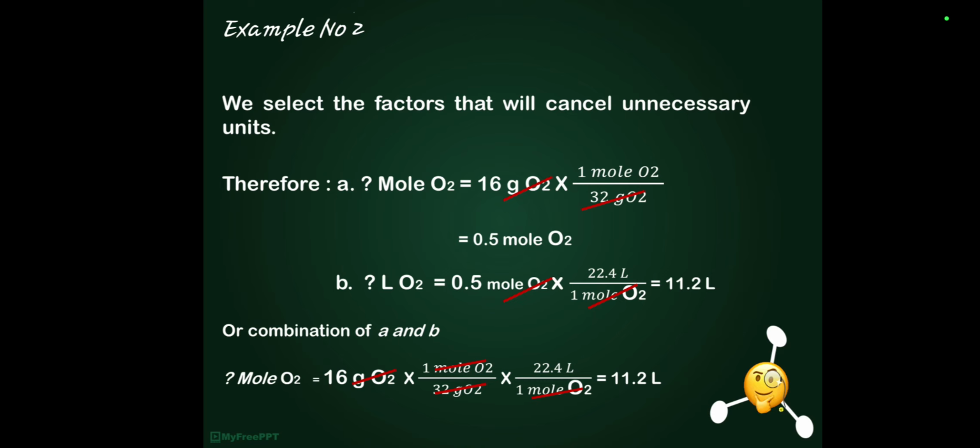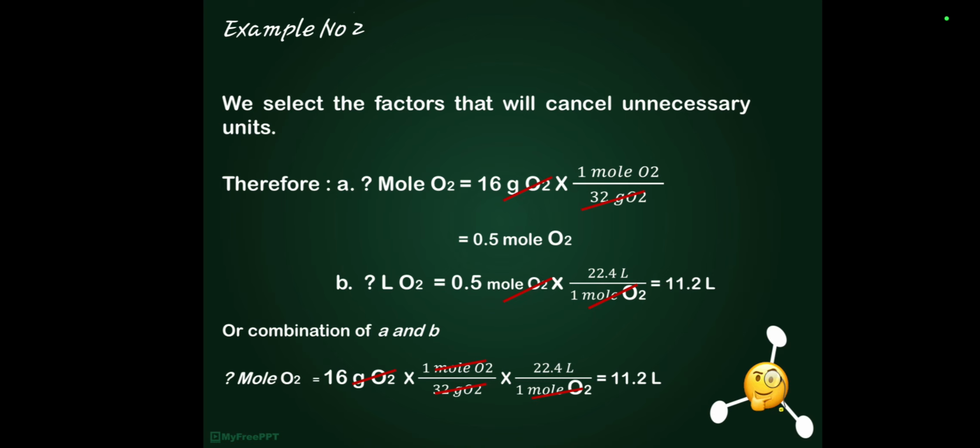So therefore, the mole of oxygen gas is equal to 16 gram of oxygen gas times 1 mole of oxygen gas over 32 gram of oxygen gas.